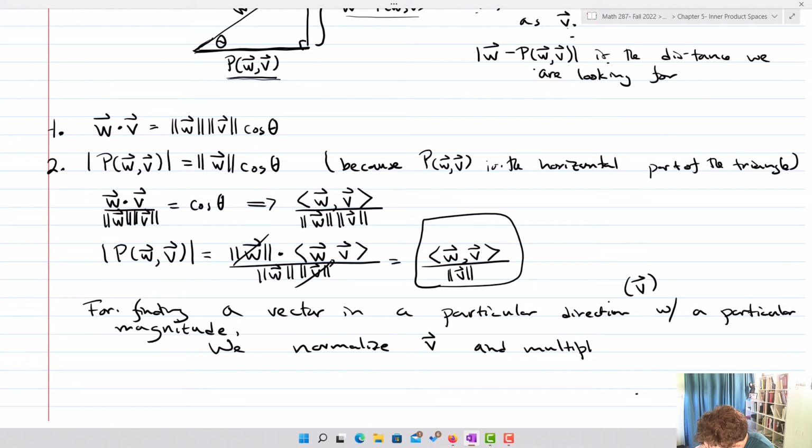Remember that from your multivariable calculus class.